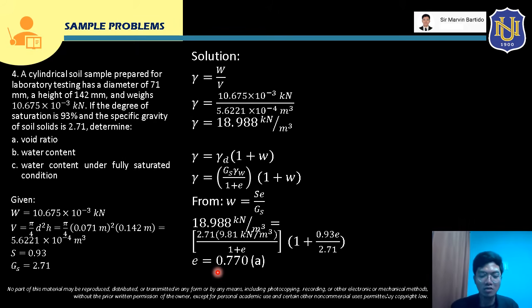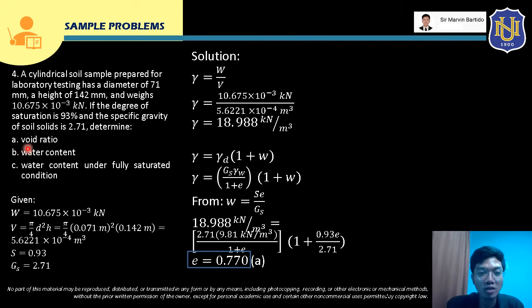We can shift solve this. So let's try shift solve, and what comes out, class, is 0.770. We use 3 significant figures in our solving, class. So this is the answer to letter A, which is the void ratio.